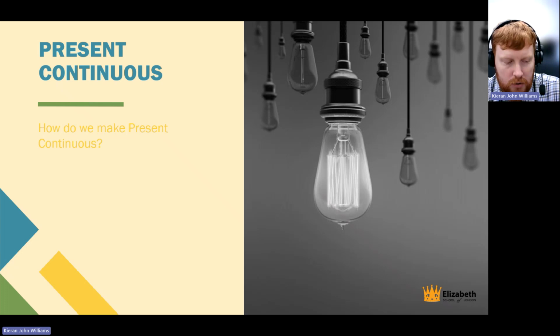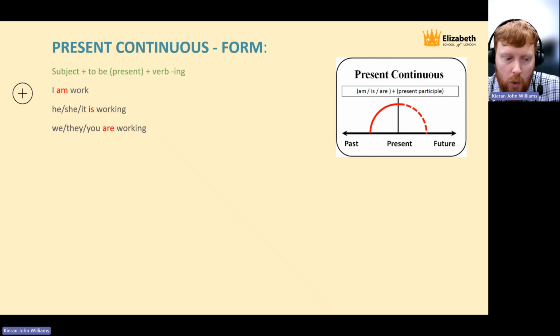Okay, so have a little think. Have a think back to your school days. Do you remember hearing about how to make present continuous? Okay, so let's have a look. So in present continuous, this is basically the ing form. Okay, so we take our subject, I, he, she, it, we, they, you. We use the verb to be.